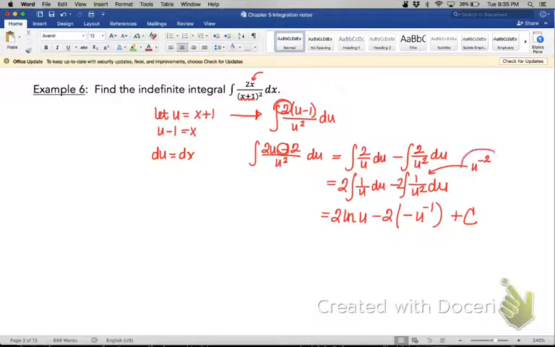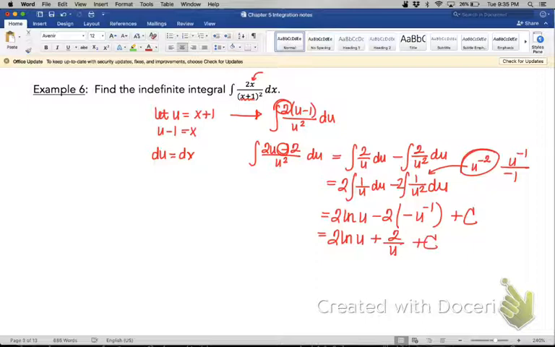And this is just simply by integrating this. You would get u to the negative 1 divided by negative 1. That's how I get this negative u to the negative 1. So I have 2 times the natural log of u plus 2 over u. That's multiplying and working out with my negative powers, plus c.